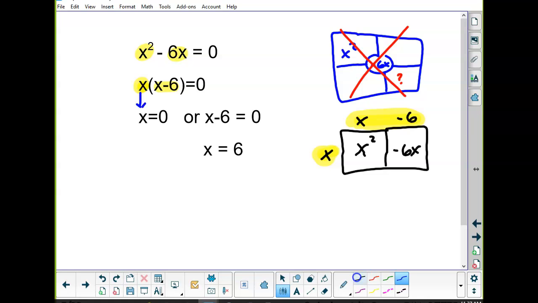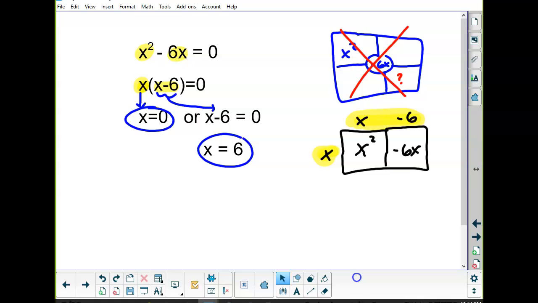now each one of these factors has to be set equal to its own 0. So here's one of my answers. It's already solved for. If x is 0, then this is 0. But what if x is 6? If I move the negative 6 over, I have 2 possible answers. And you could even check these and plug in a 6 here and a 6 here, and you would see that the left side equals the right side.